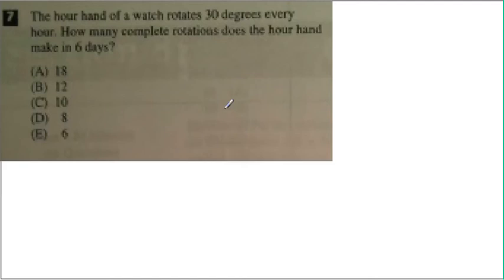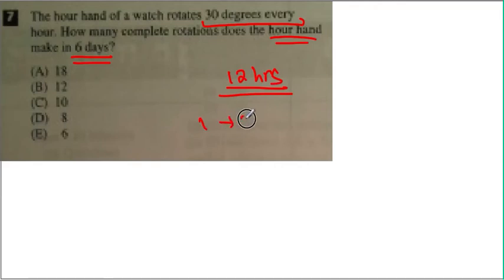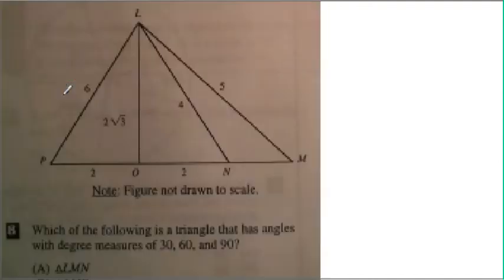Now, of course, we realize the hour hand, as it is described, makes 1 complete revolution every 12 hours. Now, 1 day is 24 hours, therefore it makes 2 revolutions. Now we have 6 days, so 6 times 2 becomes 12 revolutions. Choice B becomes our answer.